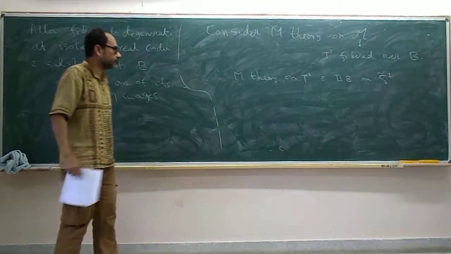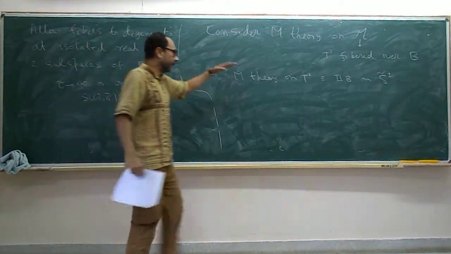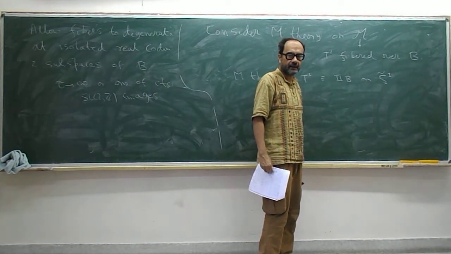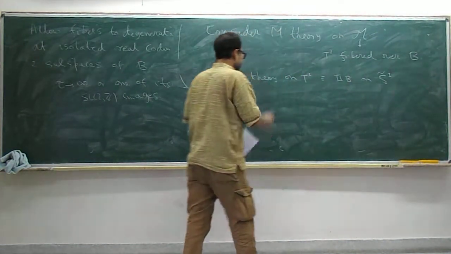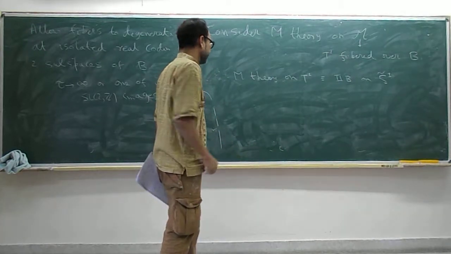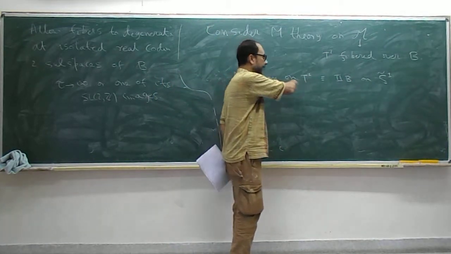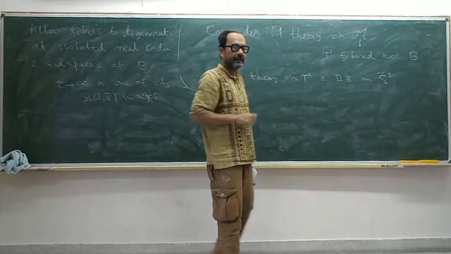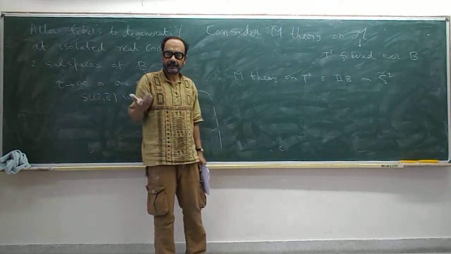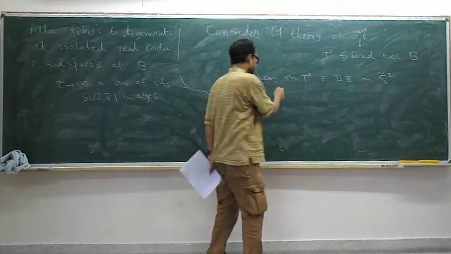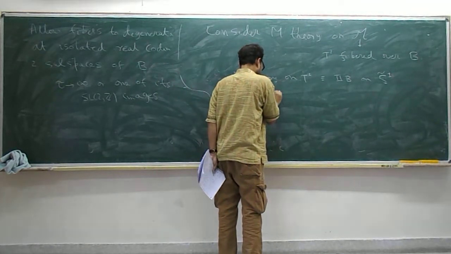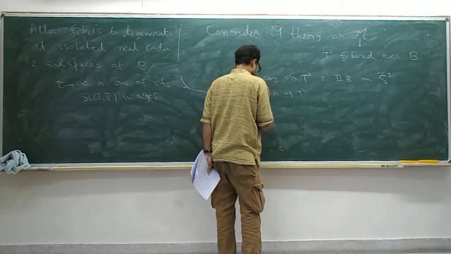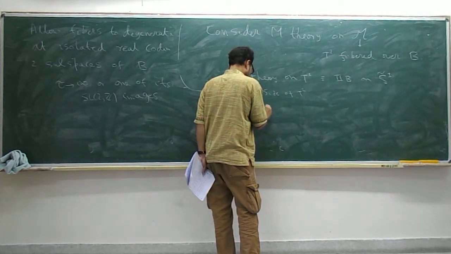Now we can work out the relationship between the various parameters. How many scalars do you have on this side? The M theory in eleven dimensions, of course, has no scalar; it has a three-form and a metric. So the scalars on this side are the size of T2 and the complex structure of T2.